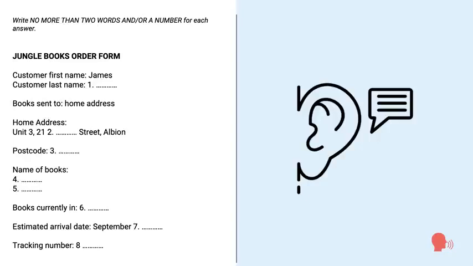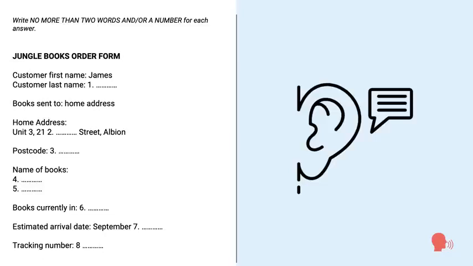A-L-B-I-O-N. That's right. And what's the postcode? It's 254837. Right. And now I need to know the names of the books. Well, the first book is for my university course. I'm studying botany. Botany. Yeah, it's quite interesting. So the book's called Plant Science. Got it. And the other one? Well, this one is a gift for my younger sister, who's really into anime. Ah, nice. Like King of Seven. Yes, but it's not that one. It's Perfect Green. Okay, got it. So, it looks like they're still in transit.